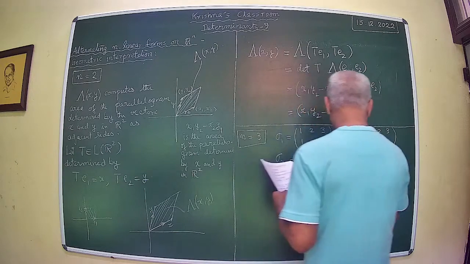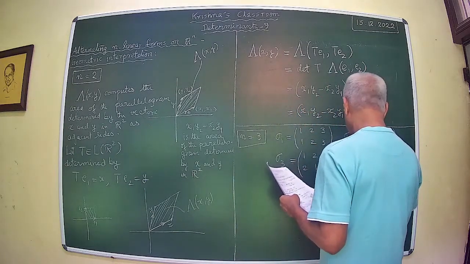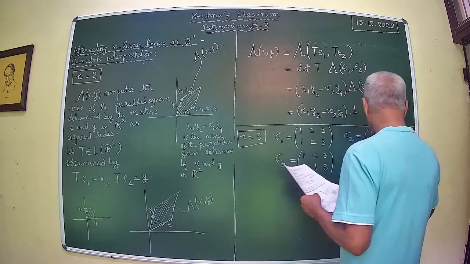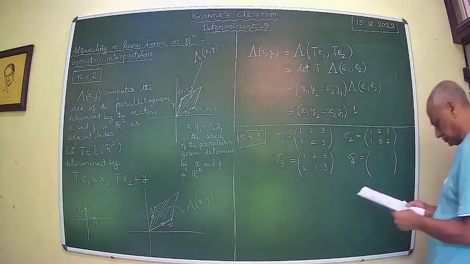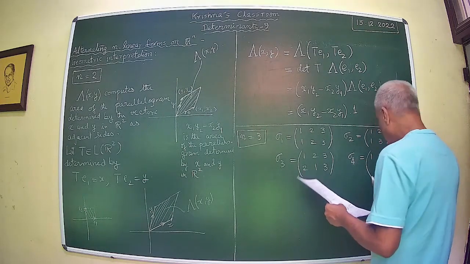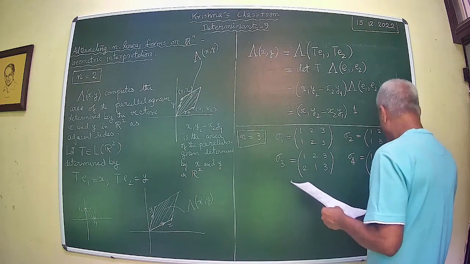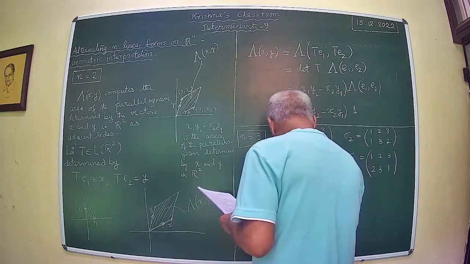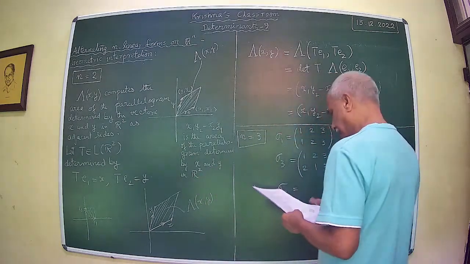Sigma 4 we designate as the permutation 1, 2, 3 going over to 2, 3, 1.